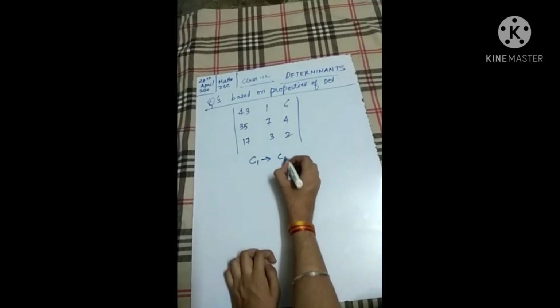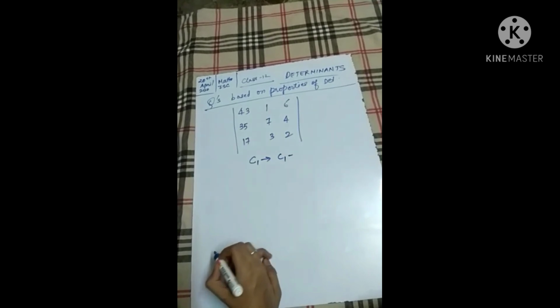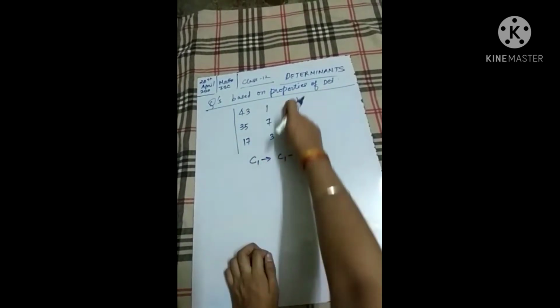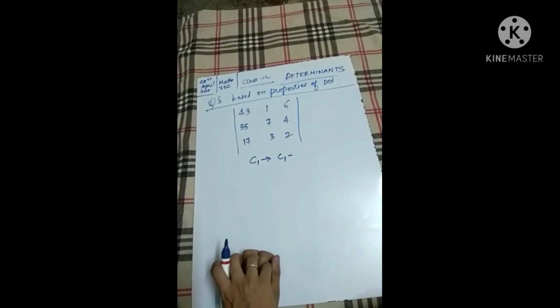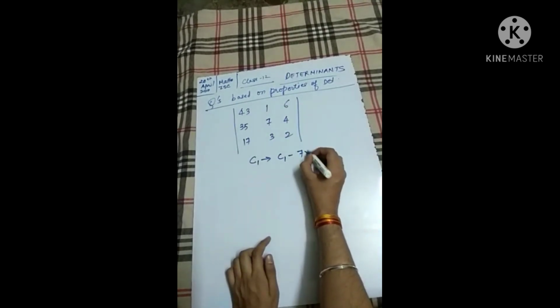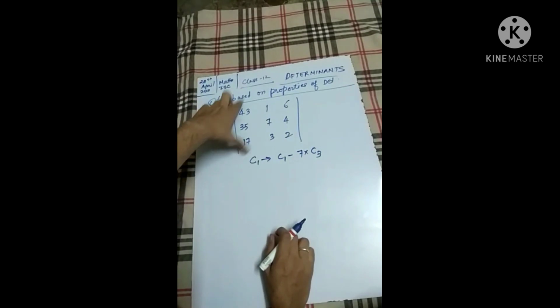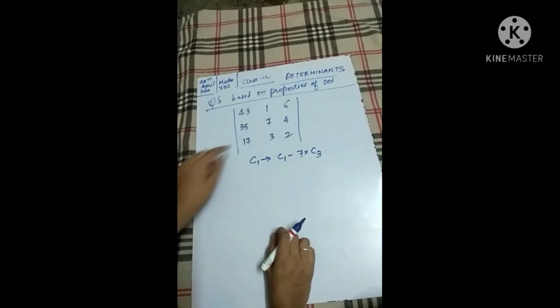C1 becomes C1 minus, okay, 43: 6 fives are 30, 6 sixes are 36, 6 sevens are 42. So 7 times C3. That means C1 minus 7 times C3.